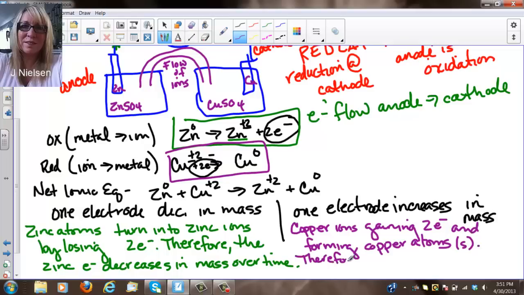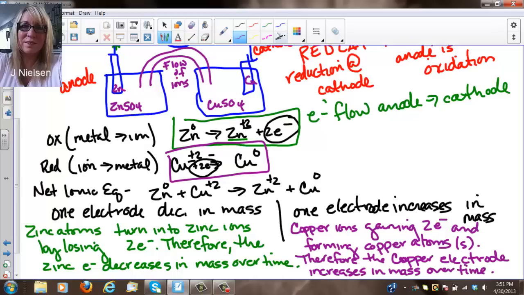Therefore, the copper electrode, I should have written this out as electrode over here, increases in mass over time.